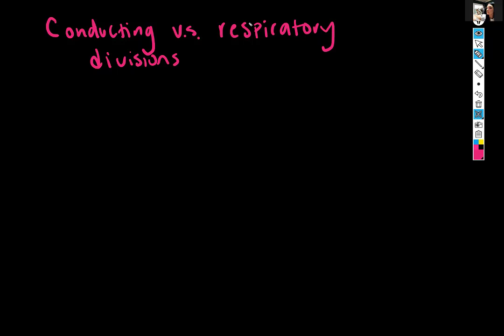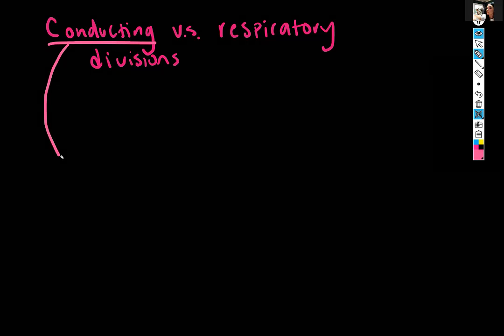I'm not going to refer to those histology slides for this video, but I am going to draw out for you what kinds of cells are in those locations, because that's really what's going to determine whether or not that part of the respiratory system performs gas exchange or is just carrying air to a place where gas exchange can take place.